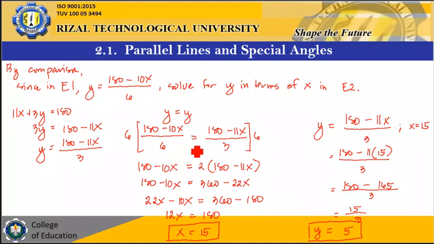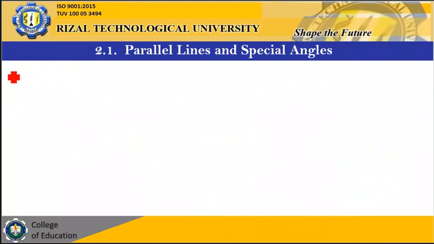But we will not stop here because we're going to use another method, which is by elimination. And again, I am doing this for the sake of review. By elimination means we are eliminating a variable using the additive inverse idea.